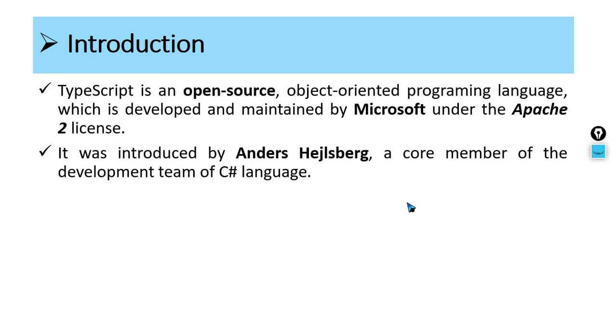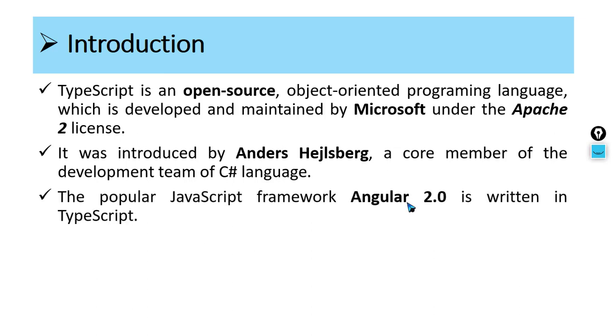So Anders Hejlsberg designed very good concepts in C#.NET, and using these concepts you can develop a web application very easily. He is the person who developed TypeScript also. He played a major role in developing TypeScript, and it comes under Microsoft under the Apache license.